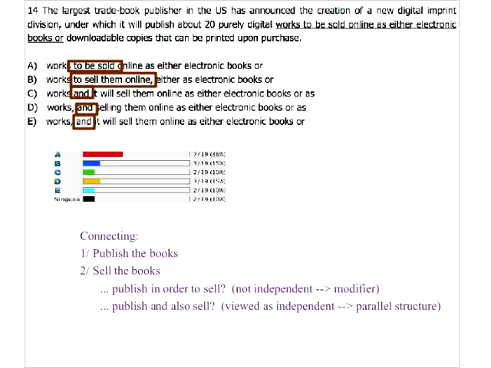Like if there were no context clues, you could definitely say that they were publishing the books in order to sell them. But you could definitely also say that the company was going to publish the books and also sell the books. So we do have to make this decision. I mean, we have a parallelism also, so maybe we don't have to make this decision, but we very possibly do have to make it. So let's see if someone can figure out a criterion by which we can make this decision.